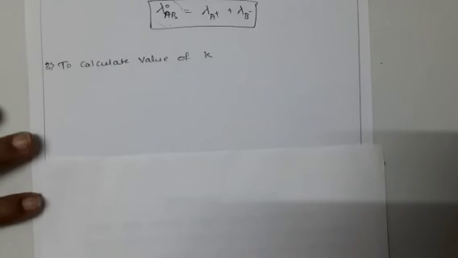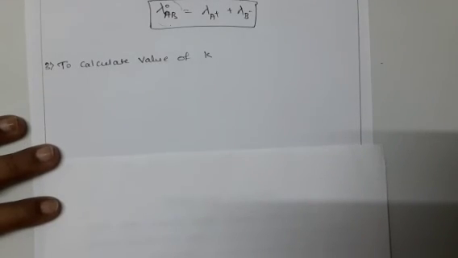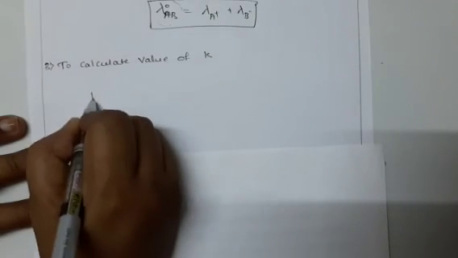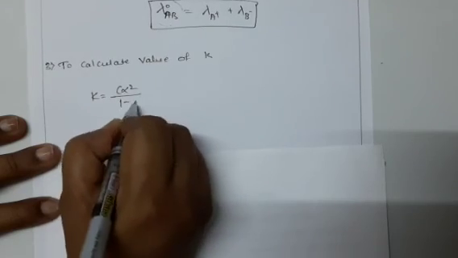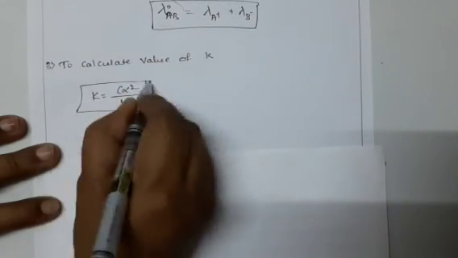Second application done. Next move on to the third application, that is to calculate the value of K, the dissociation constant. K is equal to C alpha square divided by 1 minus alpha is the formula.